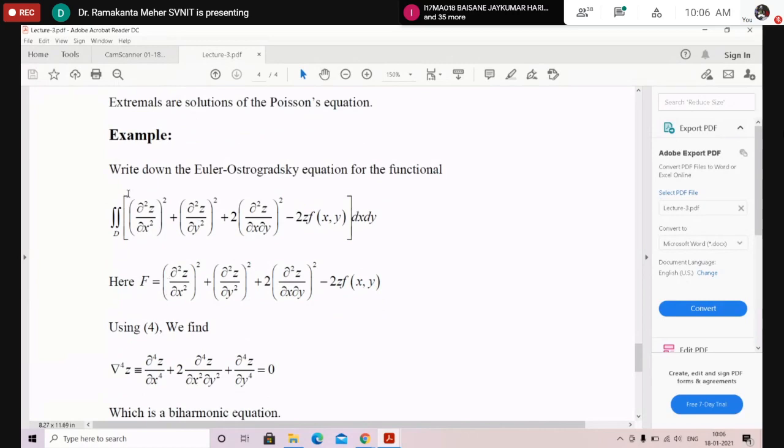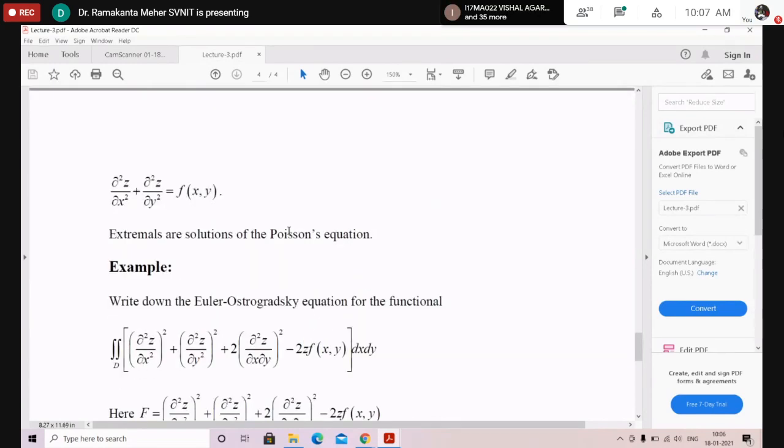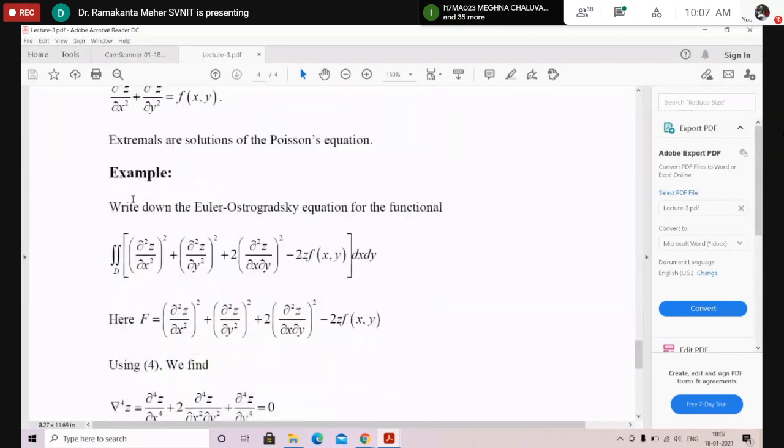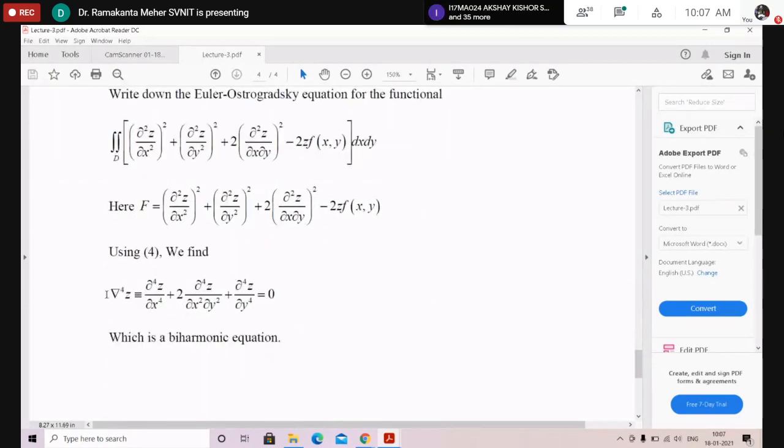So we can consider this total as F. If we try to find the Euler equation for this functional using this formula, you get the solution like this: del 4z by del x4 plus 2 del 4z by del x square del y square plus del 4z by del y4, which is a biharmonic equation.